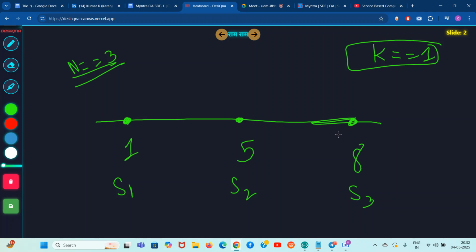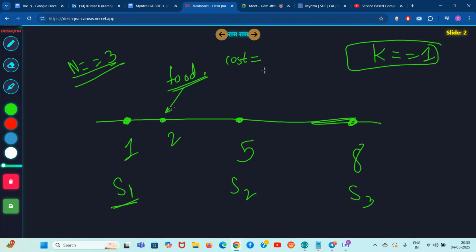Use your brain and tell me. Like, you can personally message me on WhatsApp or you can write in the pro group. At which coordinate should you keep the food? Let's try to keep the food at coordinate number 2. Let's say I keep the food at coordinate number 2. If I keep the food at coordinate number 2, what will be the cost?